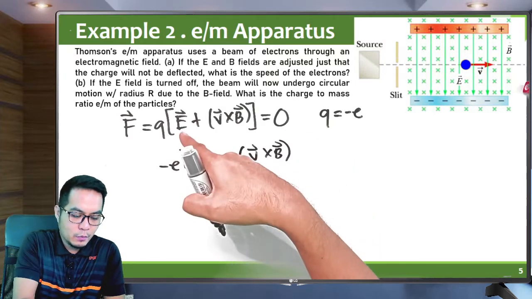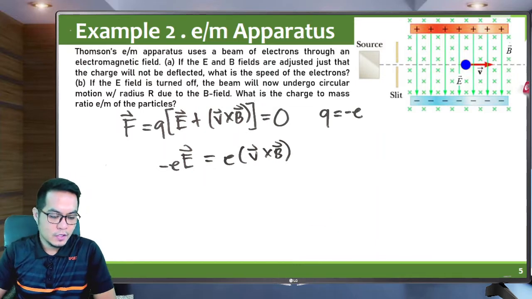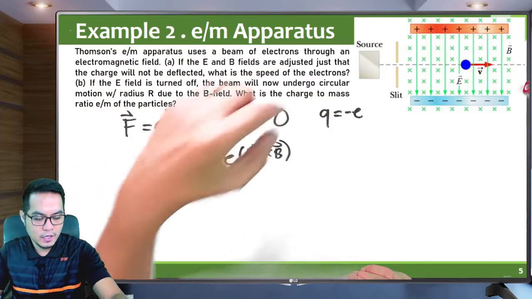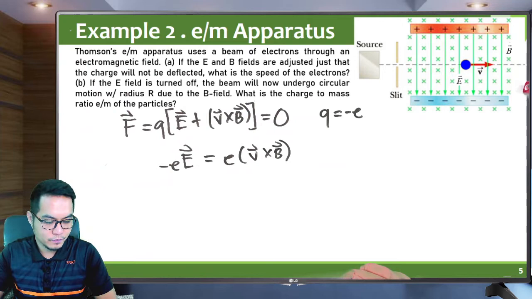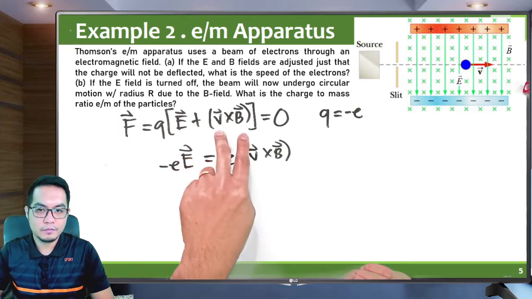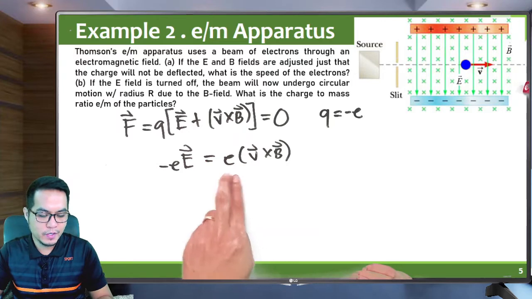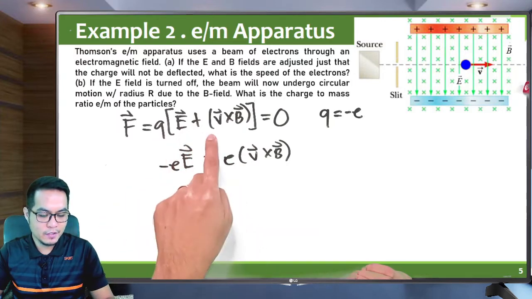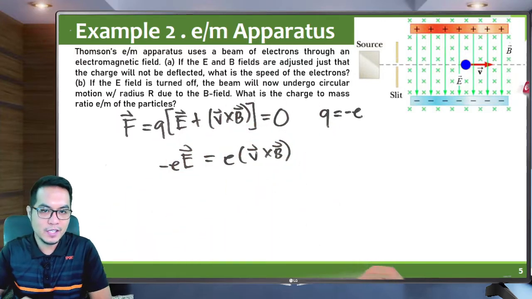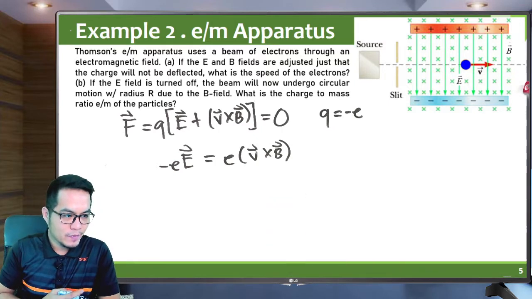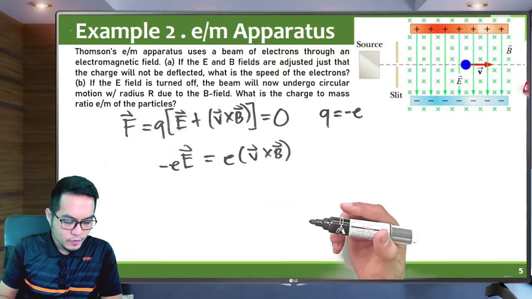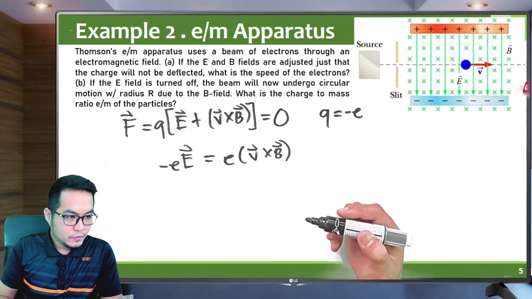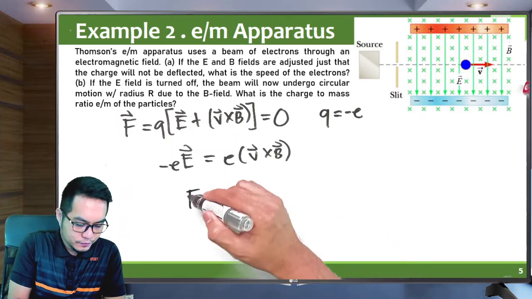So we transpose this part to the other side of the equation. It becomes, from negative q, negative e. So negative e transposed becomes positive e. Divide both sides by e, and we get this one.